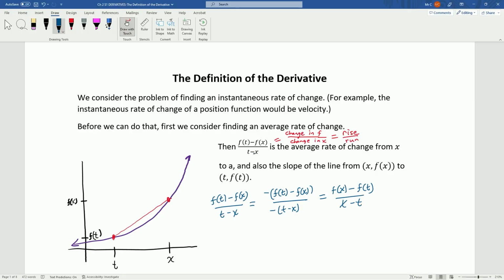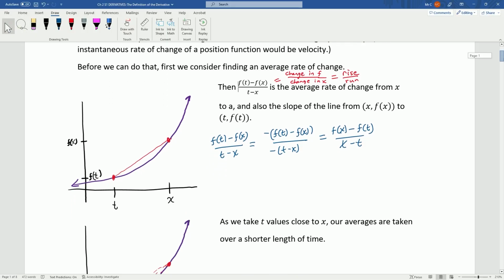Okay, so again, this expression, f of t minus f of x divided by t minus x, is the change in f divided by the change in x, so it's the average rate of change, or it's also the slope of what we call the secant line between the 2 points.